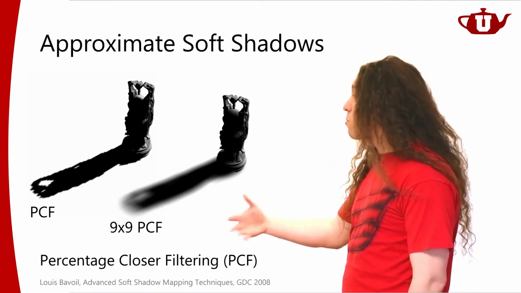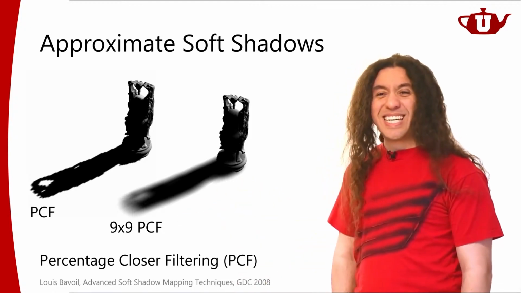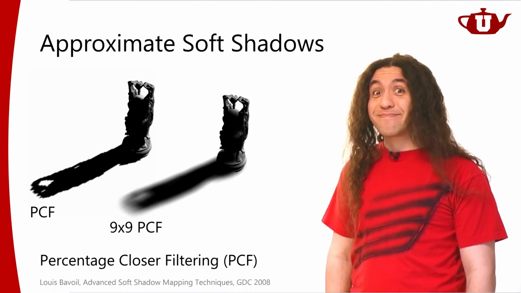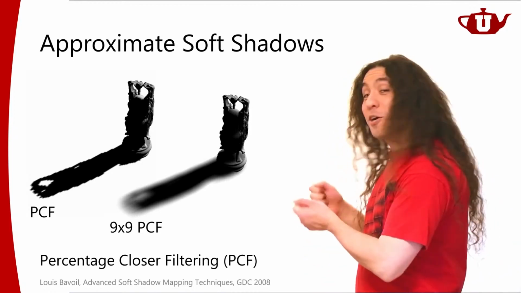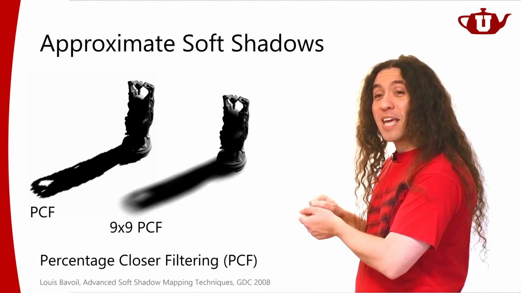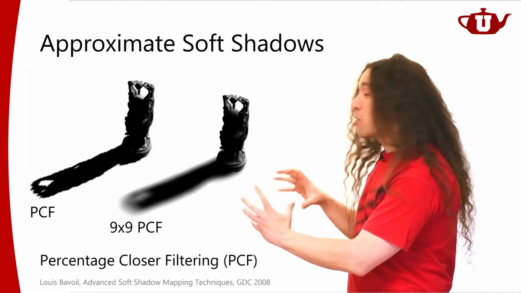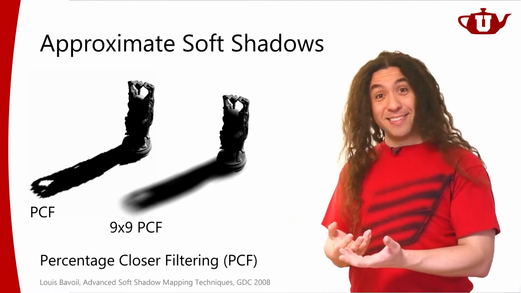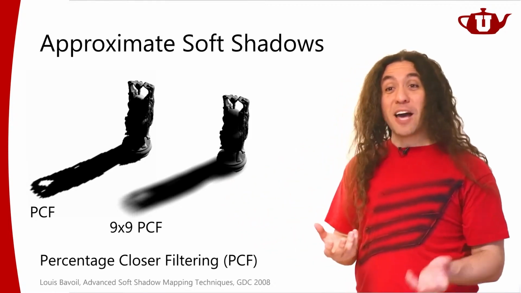So just picking some constant value did not work. So maybe I can adjust the percentage closer filtering size based on where I am in the scene, and that could give me nice shadows.